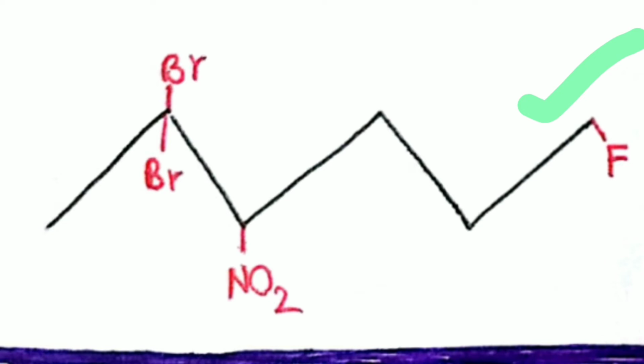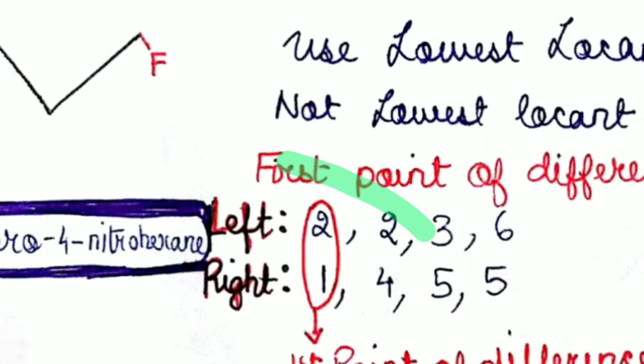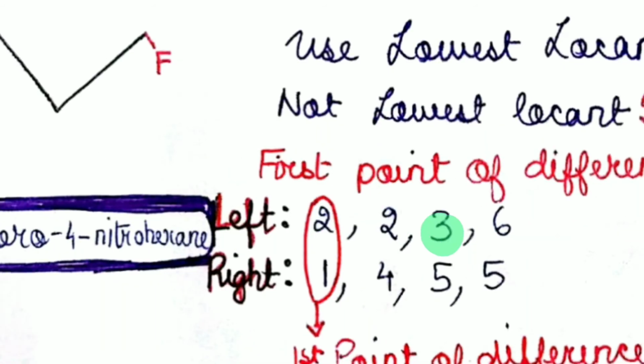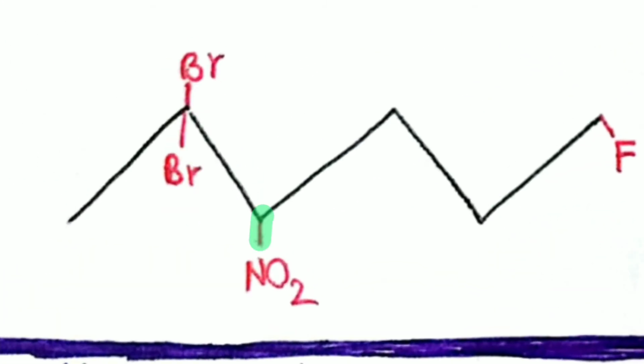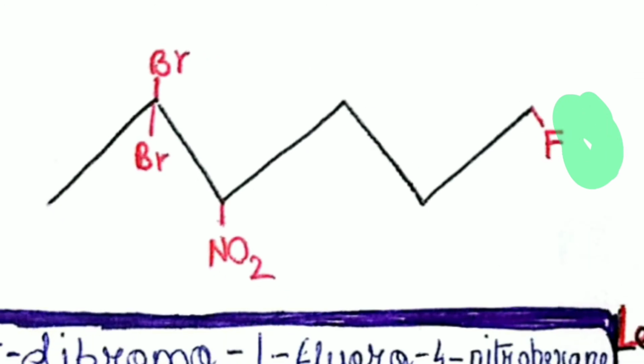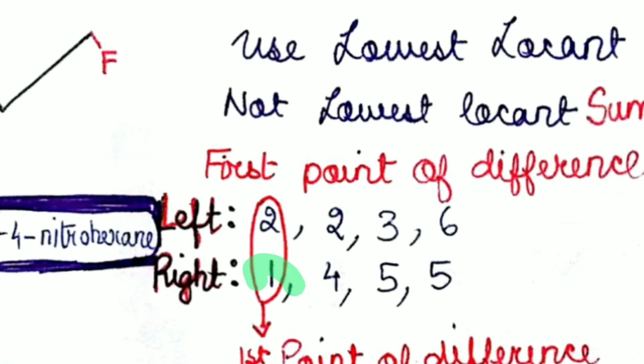So here we have the numbering from the left according to the lowest locant rule, which gives us the locants as 2, 2, 3 and 6. Here we can see we are getting 2, 2, 3 and 6 as the locants for the substituents on numbering from the left hand side, and on right we will get 1, 4, 5 and 5.